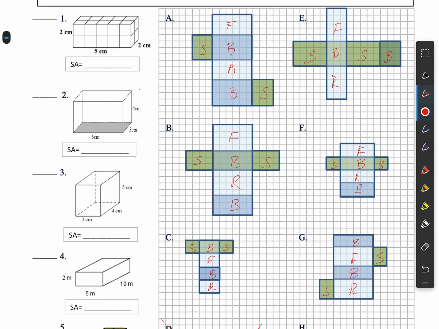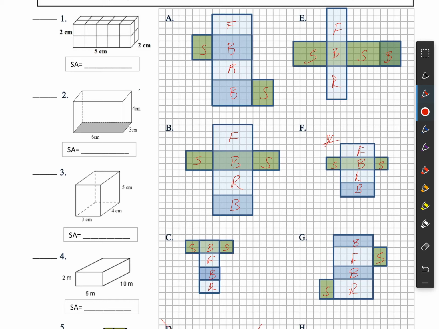For number one, I see that I have a rectangular prism that has a base of 5 by 2. So I need to find a base that is 5 by 2. We can count these boxes and see where I have a base that is 5 by 2. If we look at it, F has a base of 5 by 2. In addition, we have to check to make sure that it meets all the other criteria.